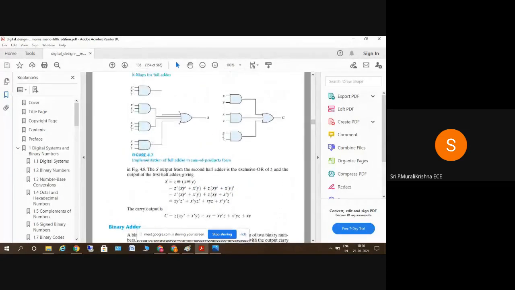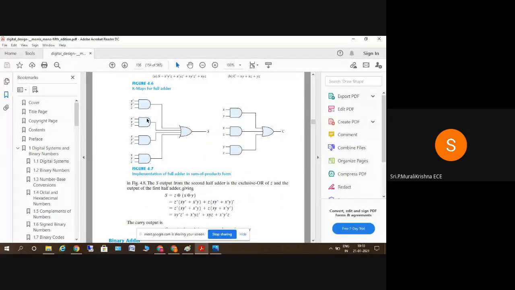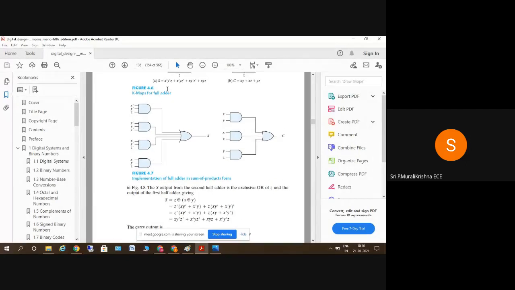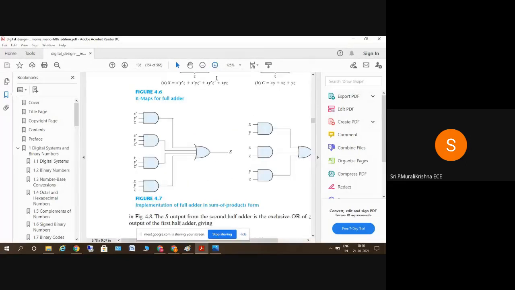I can draw the diagram like this. This is for sum, and this is the lengthier one. So this is sum and this is carry here.